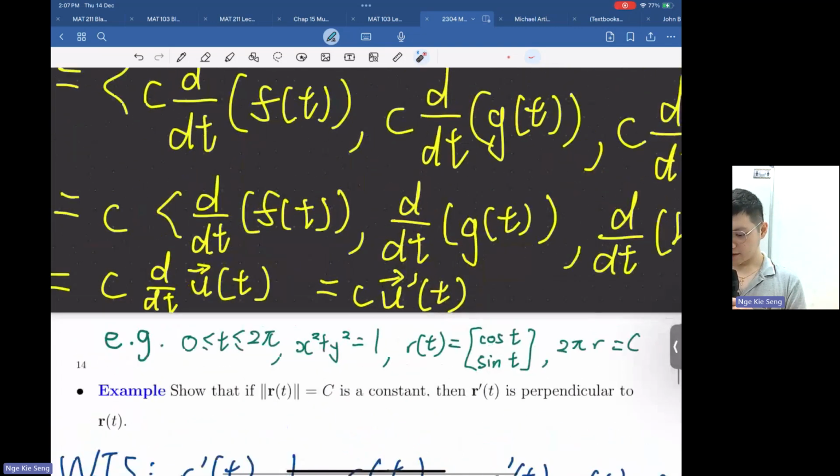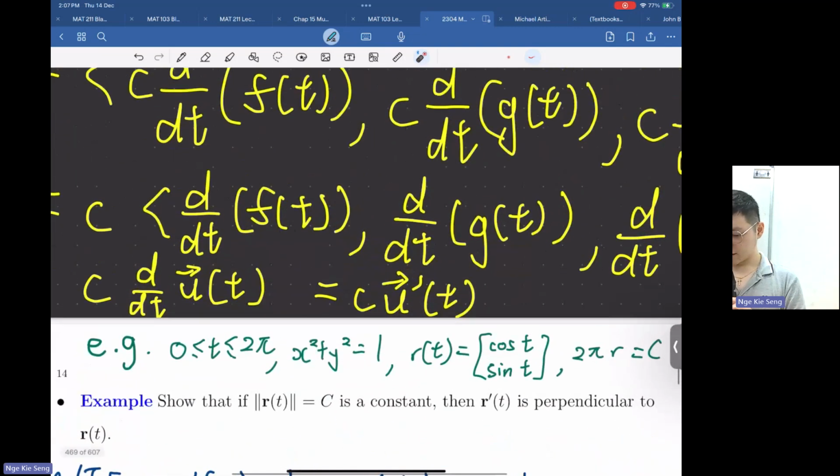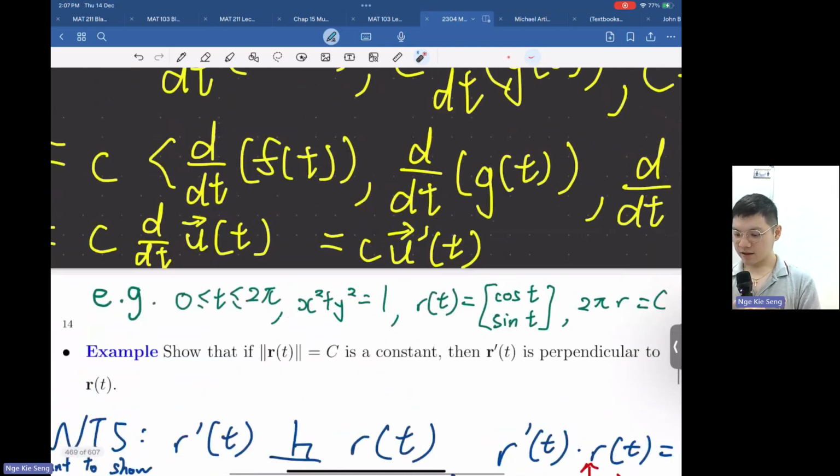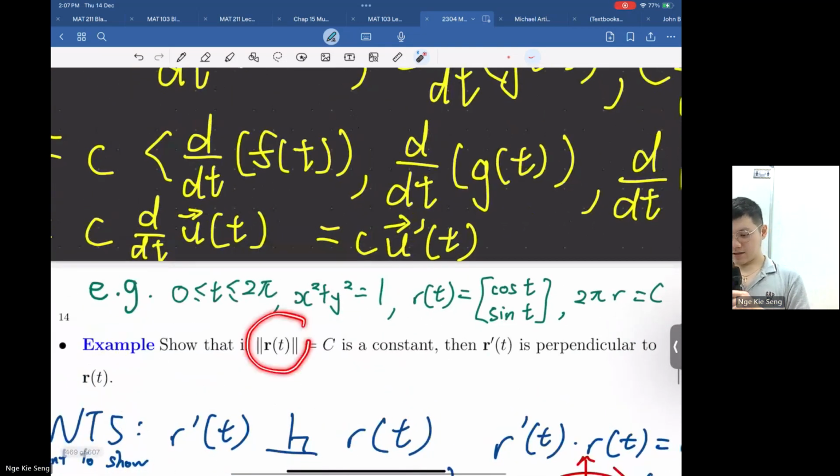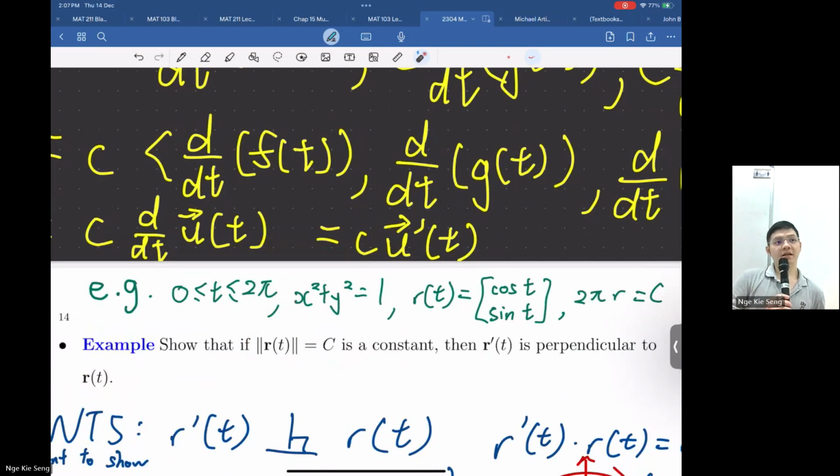There's one very interesting application here. Let's look at this. Show that if the length of your image is a constant, then the derivative, or the tangent vector, is always perpendicular to your curve.